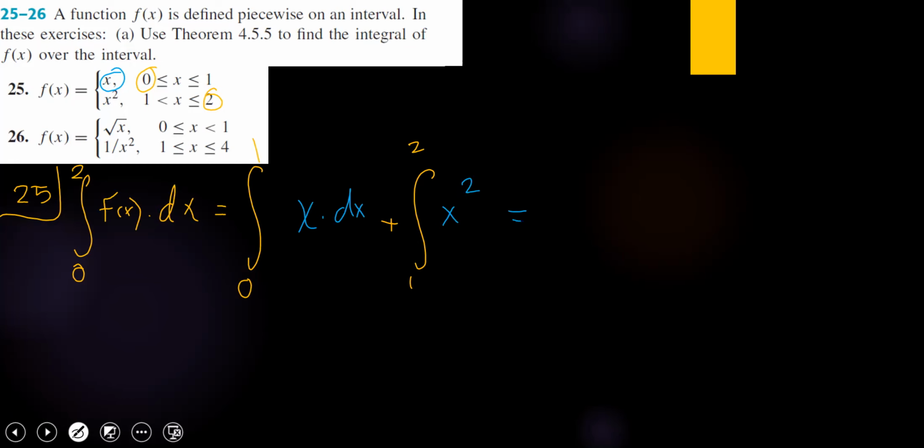So let's now continue here. The integral of x is x squared over 2 from 0 to 1, plus the integral of x squared, which is x cubed over 3 from 1 to 2. Then let's evaluate here.